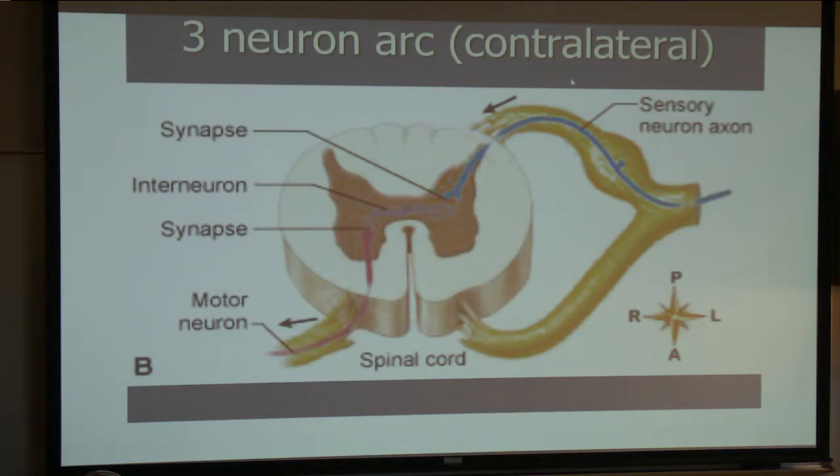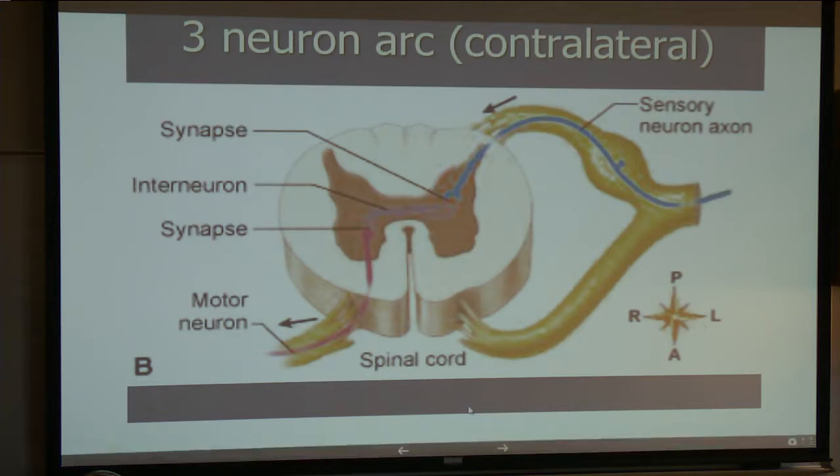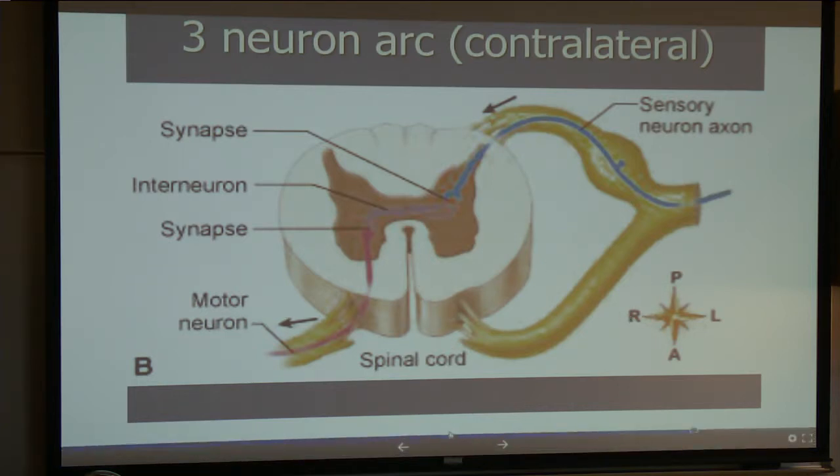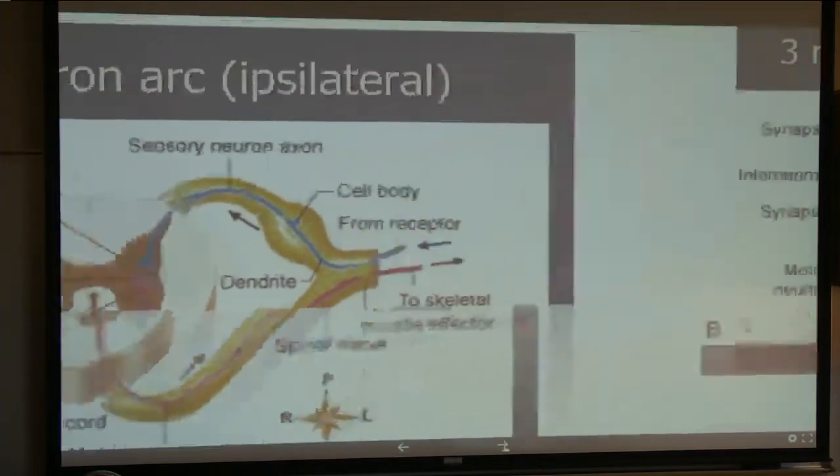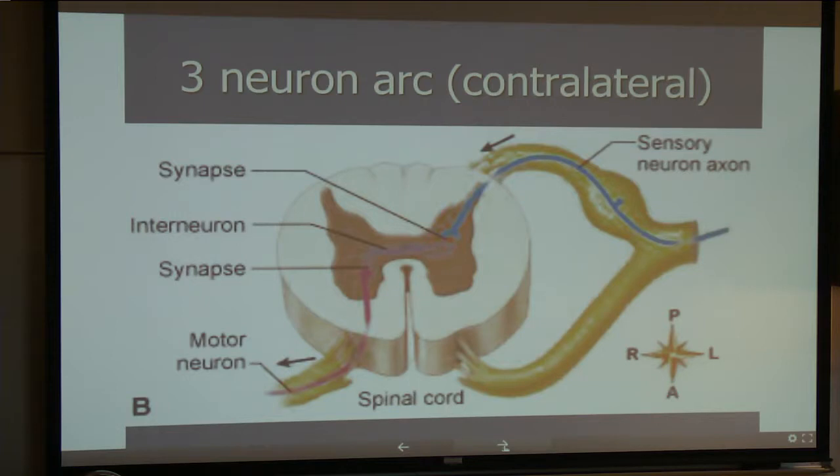But because it's contralateral, now we go to the right side of the body. We came from the left side of the body, and we're going to the right side of the body. So you should be able to do that with a compass rosette. Okay, so I may ask you to do an ipsilateral one, or I may ask you to do a contralateral one. We don't know. We'll find out when we take that test, but you should know how to do both. And then I have one more to show you.